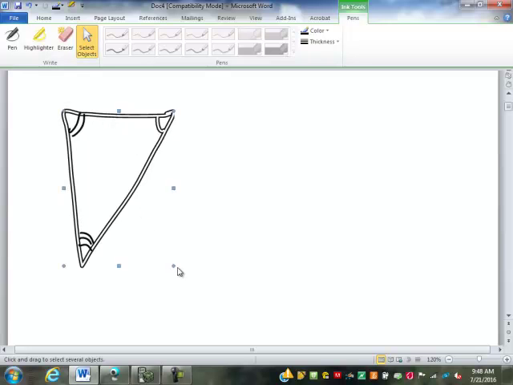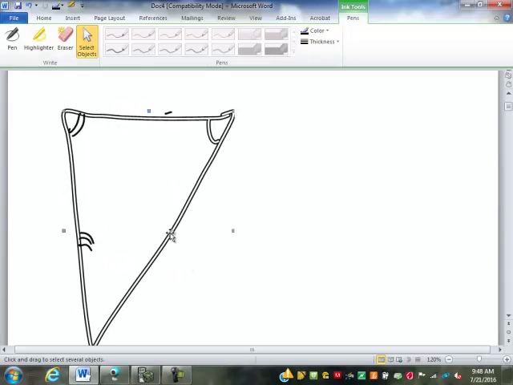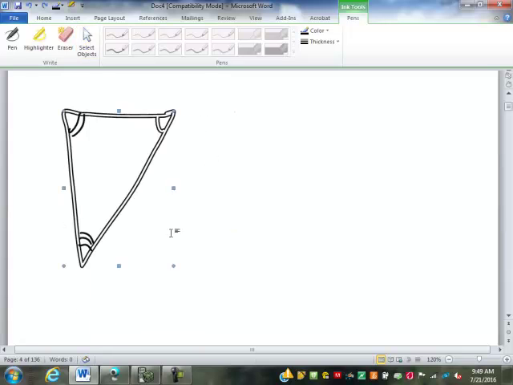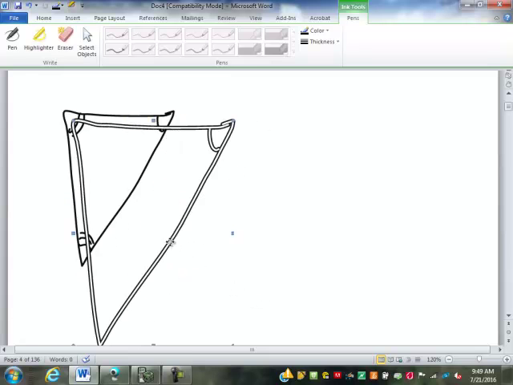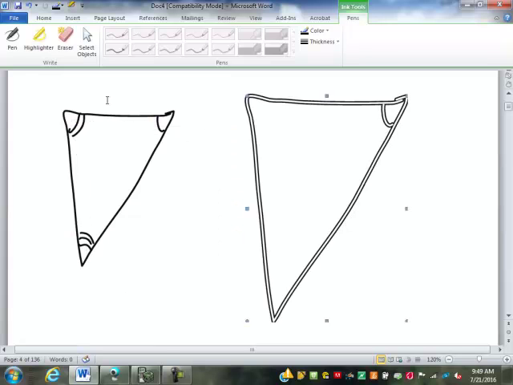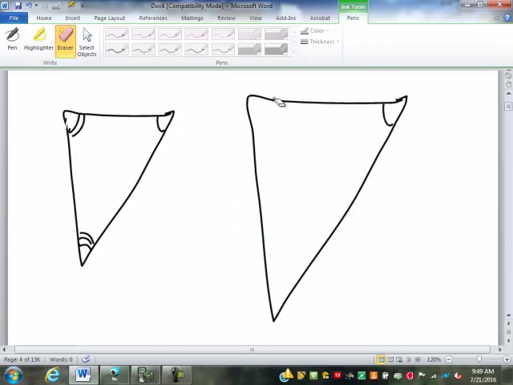If I take that triangle and enlarge it, oops, that's not what I wanted to do quite yet. I want to duplicate it. Duplicate it and enlarge it. And move it over here. How do I know? I mean, I just enlarged it.